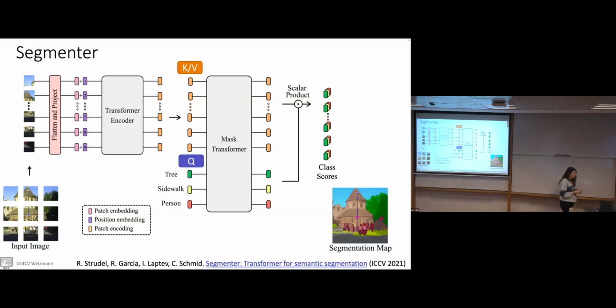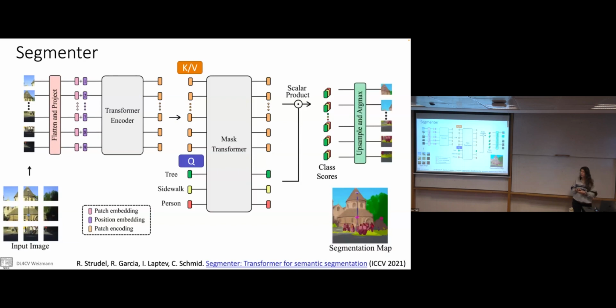So this is exactly what we're going to do. We're going to take this token, upsample it and reshape it again to the resolution of the original patch. Then for each class, the score is going to be the size of the patch itself, and we can apply a pixel-wise argmax.